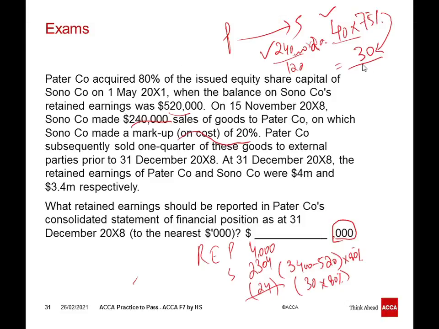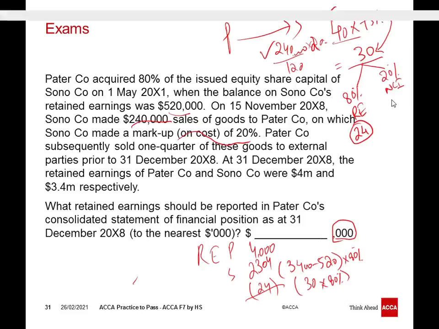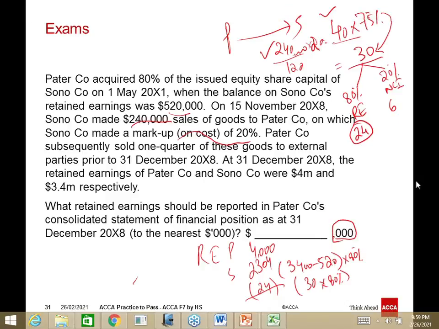So the unrealized profit figure will be 30. As the subsidiary company has sold the goods, 80% and 20% will be distributed between the group's retained earning and NCI. So 24 will go in the group's retained earnings, and 6 will be the adjustment in NCI.